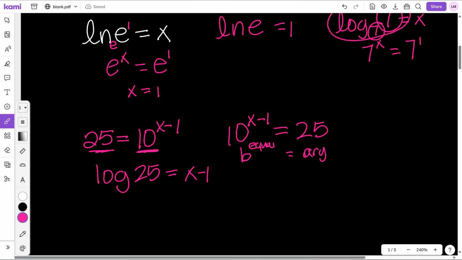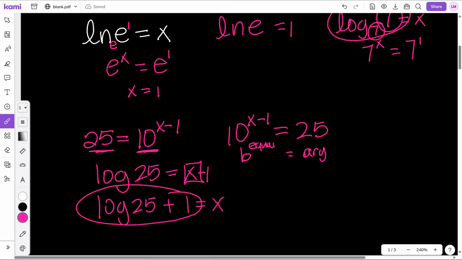So I can evaluate log 25 on my calculator, but I can also just solve for x from right here. I'm going to add 1 to both sides. Now I can throw this on my calculator and round to the nearest whatever they say. Let's go nearest thousandth. The log button is on the left side of your calculator. It just says log.